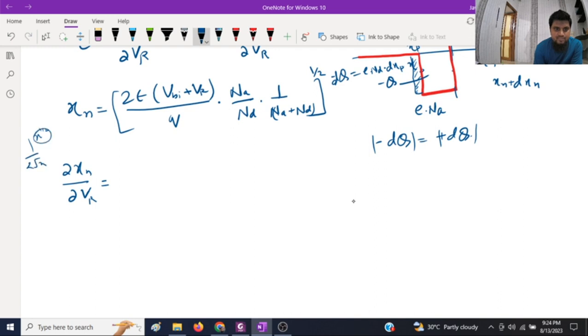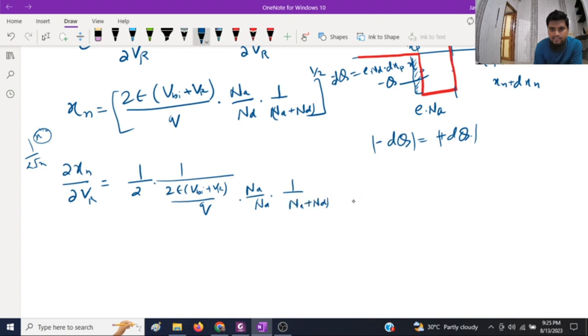That's why you should write it like 1 by 2 into 1 by 2 epsilon (Vbi plus Vr) divided by q into Na by Nd into 1 by Na plus Nd, whole power 1 by 2, right?